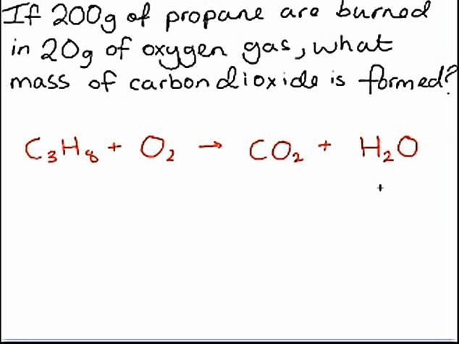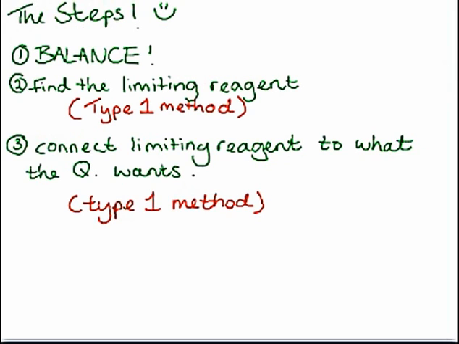Before we start, I would like to show you the really simple steps to answer these types of questions. First step, you balance the equation. The equation needs to make sense, so you balance it before you start doing anything with it. The second thing is you need to find the limiting reagent, and you find that using the type 1 method.